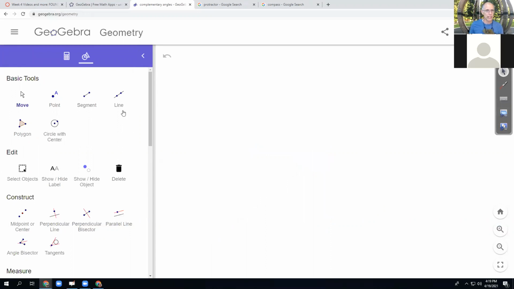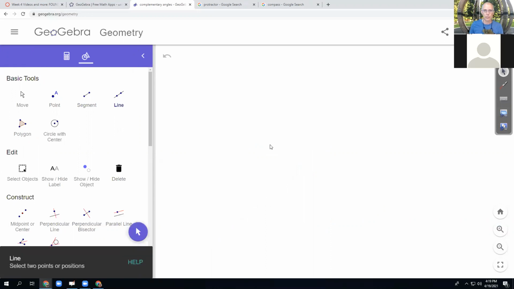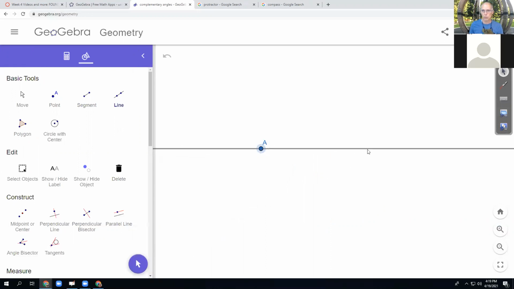We're going to make a line, 2 points on it. And then we're going to make a line parallel to that. And so in the construct tools here, I have choices like perpendicular line, perpendicular bisector, parallel line, angle bisector, tangent lines. I don't think we'll get the tangent lines this turn, but we're going to put parallel lines next.